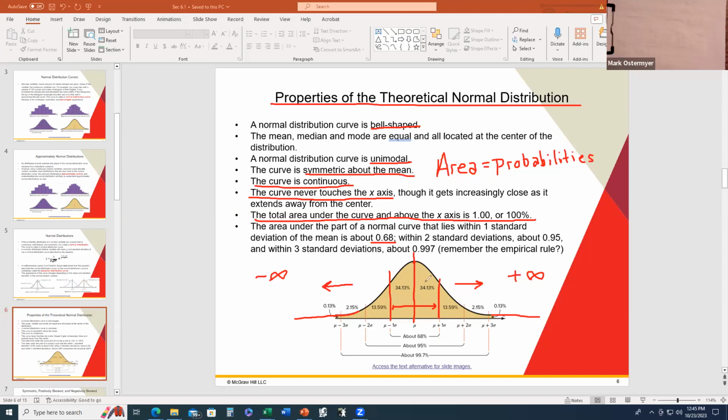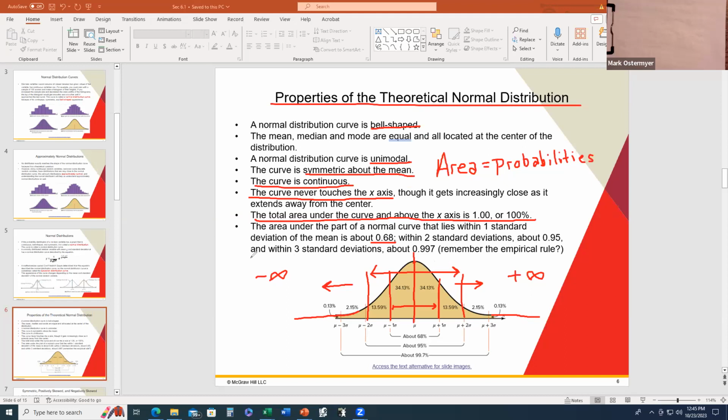By the time you venture two standard deviations either side of your mean, obviously you're encompassing more of your data. And according to the empirical rule, about 95% of your data points have been accounted for. For that reason, on the interval from two standard deviations below the mean to two standard deviations above the mean, that accounts for 95% of the area of the entire normal distribution curve.